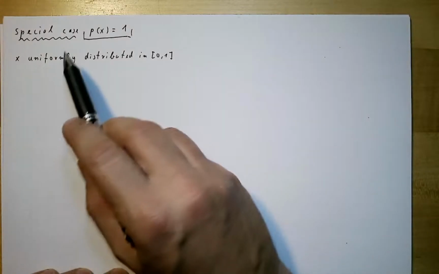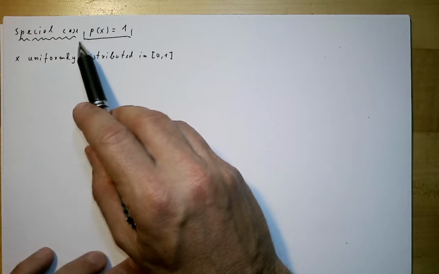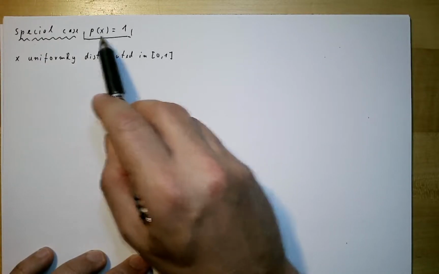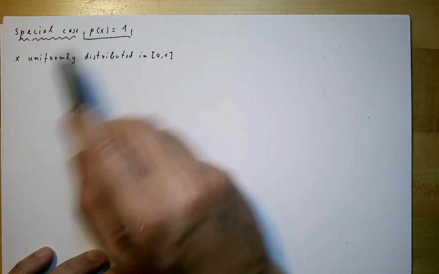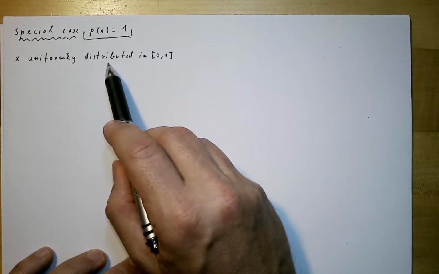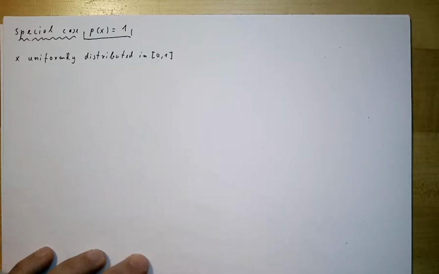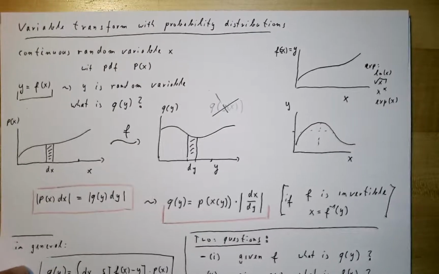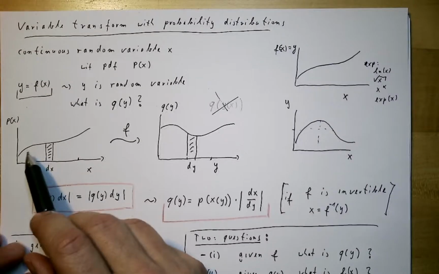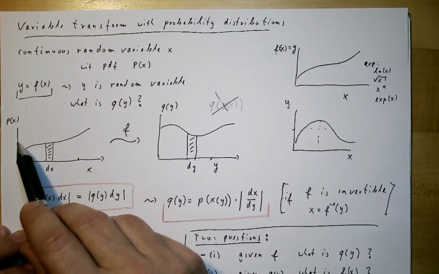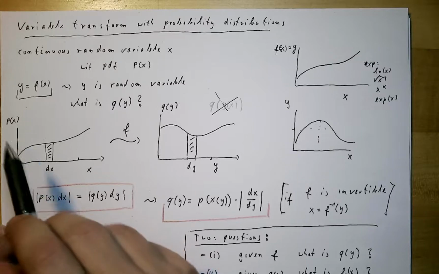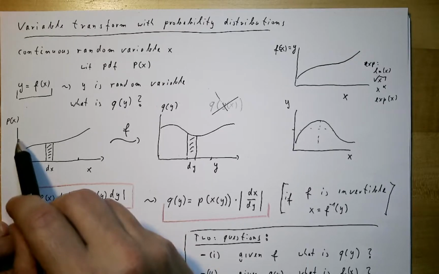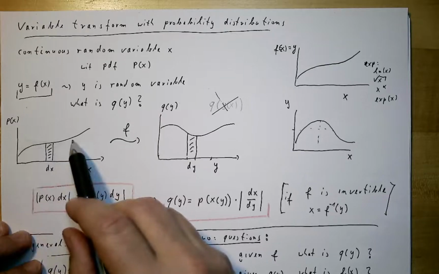And for this we start with the special case that p of x equals 1. So we assume that x is a uniformly distributed random number between 0 and 1. Why should we use this case? Because we want to solve problem 2. Most random number generators that you find in mathematical or numerical libraries give you uniformly distributed random numbers.